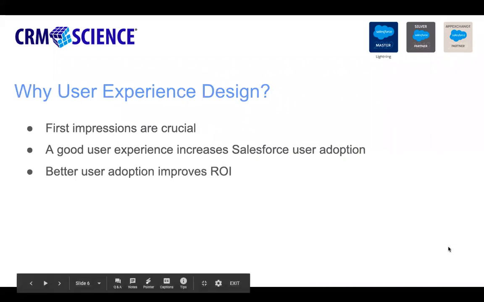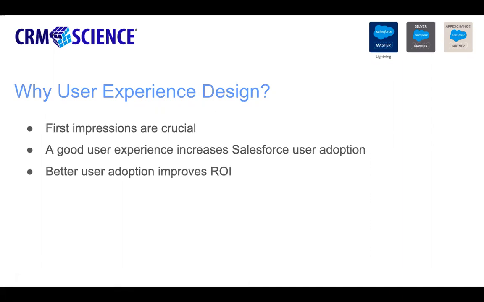So let's start with why user experience design. Why does it matter? Well, the biggest reason is that first impressions are crucial, right? Often what happens is users make up their mind whether they like an interface the very first time they use it. And this can even happen within minutes of using a system. So that means that emotions are powerful.